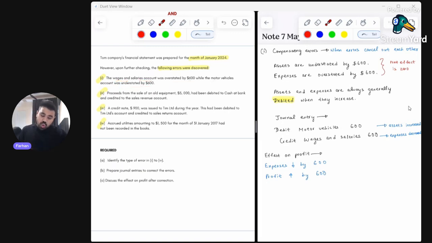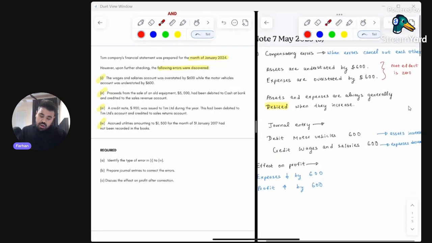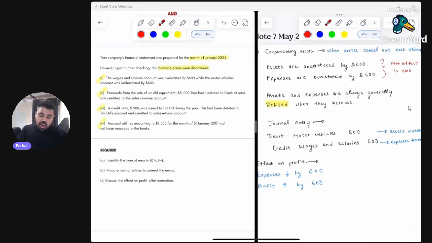All right, so what's happening here? Here, we are understating our assets, which are the motor vehicles, by $600, and we are also simultaneously overstating our expenses, specifically the account for wages and salaries, by $600. Now, what's happening is that assets and expenses are generally debited when they increase.